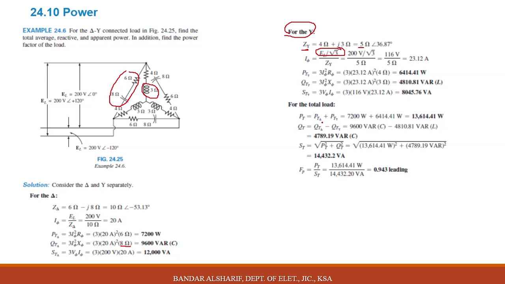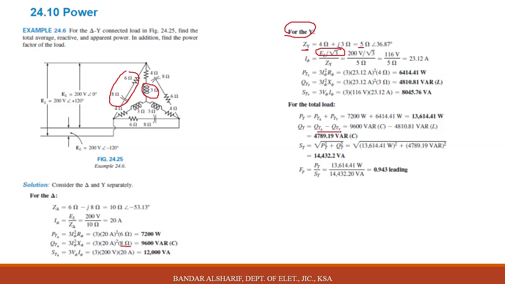Now the total: since active power is consumed in delta and Y, add them. You will get the total active power 13,614 watt. But for the Q total, we subtract Q total delta minus Q total Y.